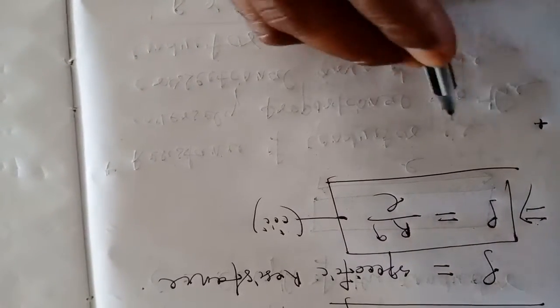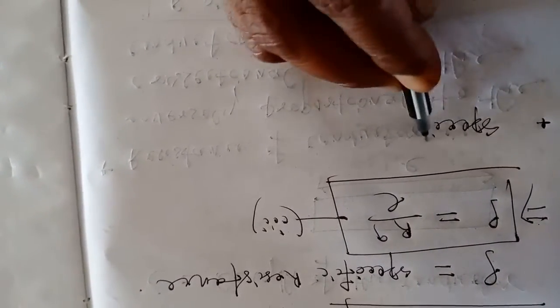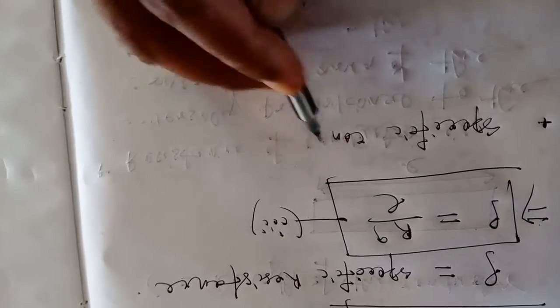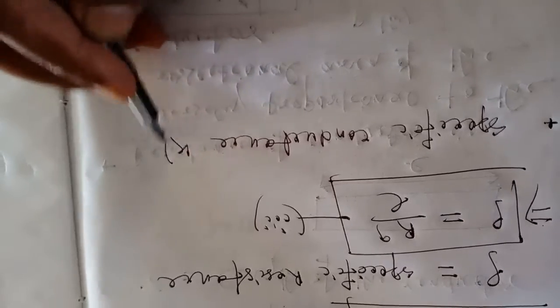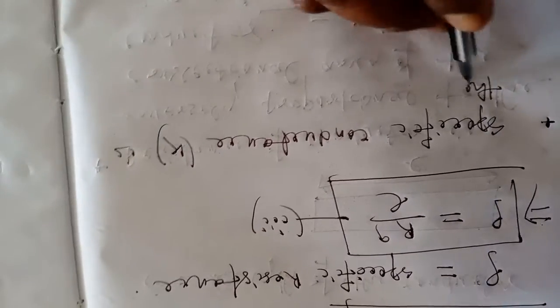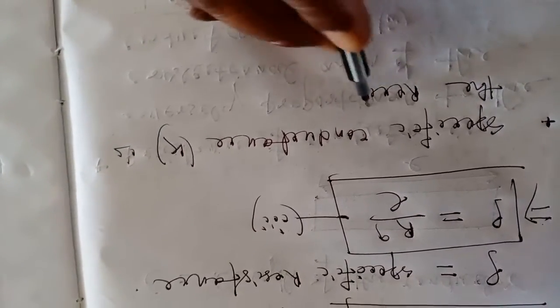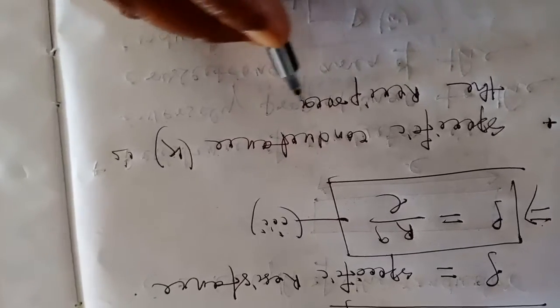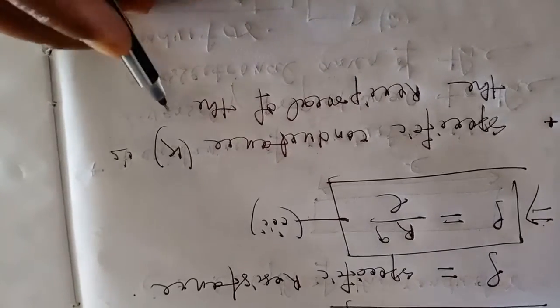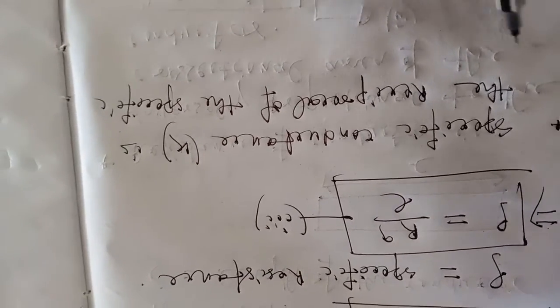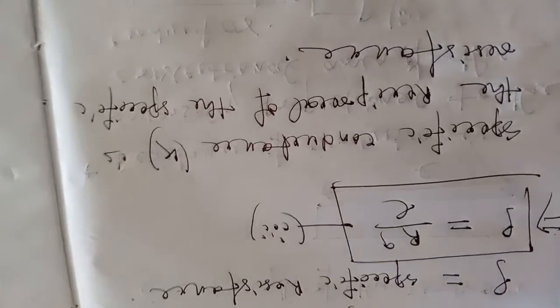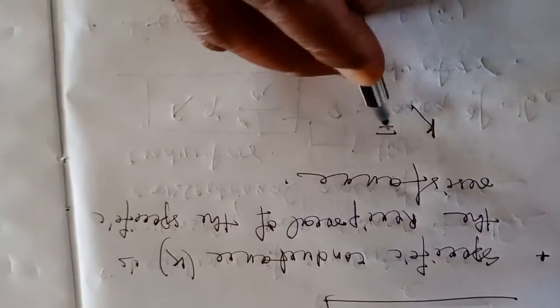So specific conductance K is the reciprocal of the specific resistance. That means K equals 1 by rho.